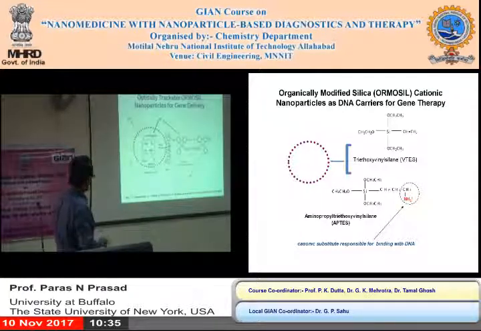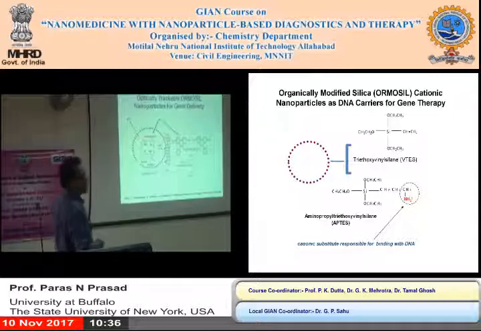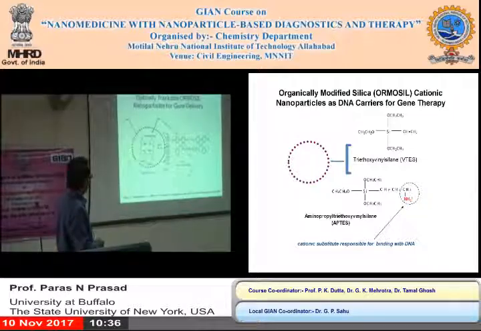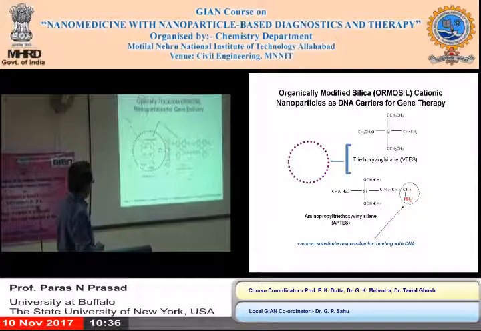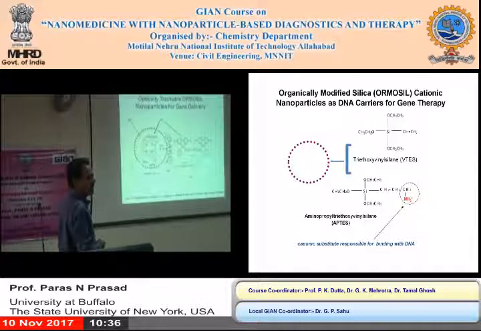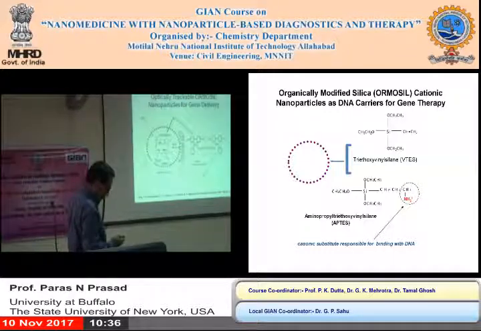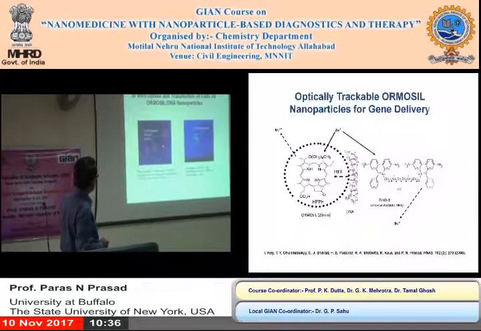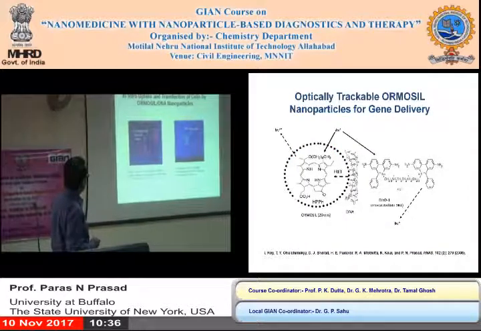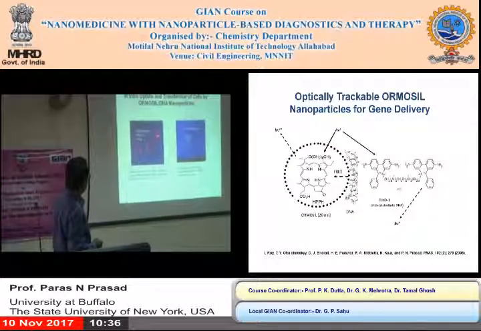When this dissociates and you excite it, you will see emission from here. So by using this kind of nanoparticle formulation, we can track whether DNA is sitting on the nanoparticle and being transported, or whether it's released. Okay? It shows how it gets into the cells and we can monitor it.